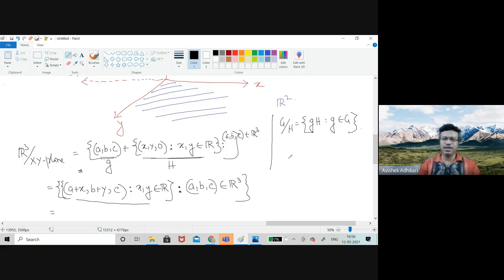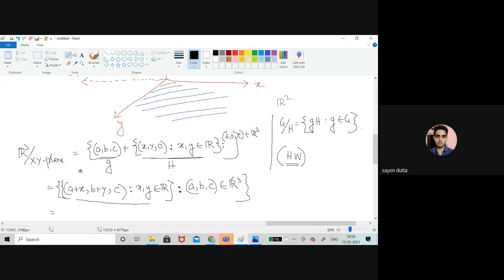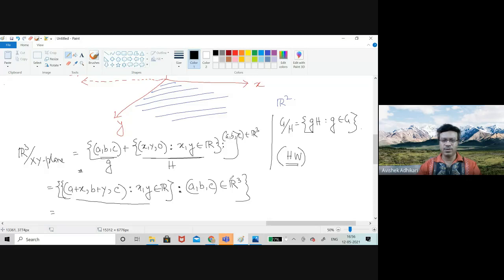Okay, so I will give you this as your homework to think. Think properly, geometrically. A plane parallel to the xy plane, very good. So this means a plane or a collection of planes which are parallel to the xy plane.